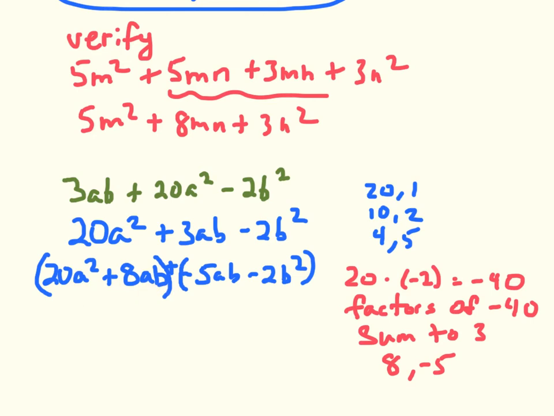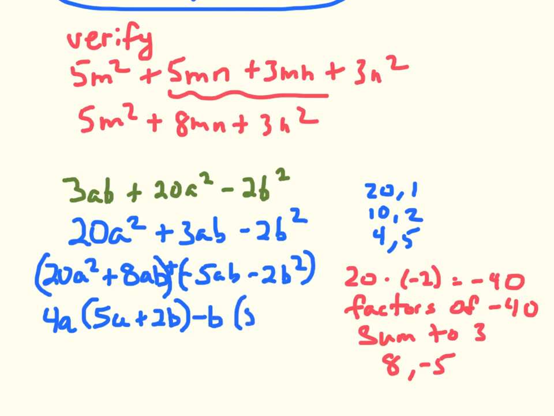The common factor there is 4a. That's going to leave me with 5a plus 2b. And I'm going to factor out in these next two terms negative b, or minus b.